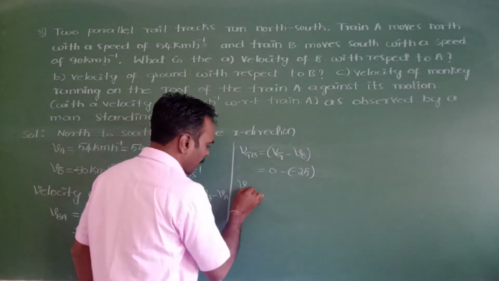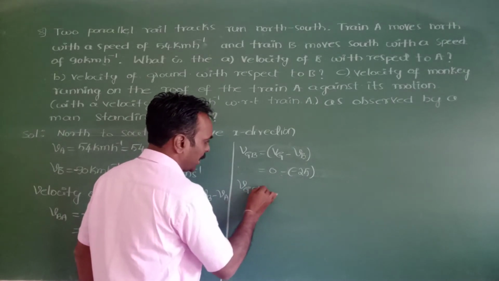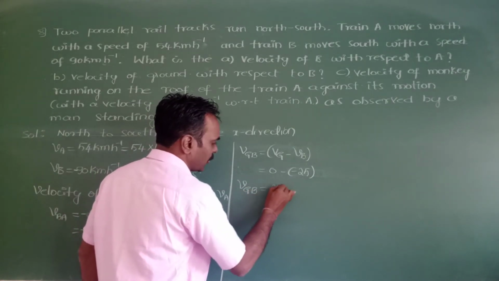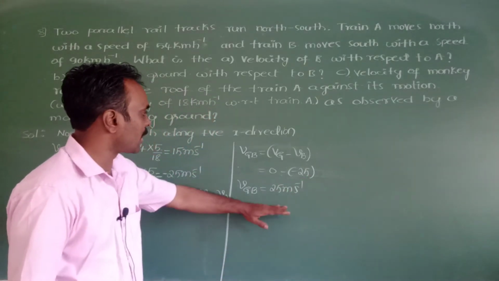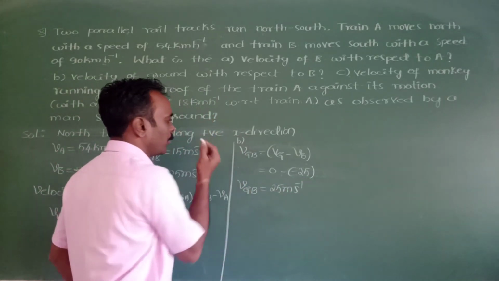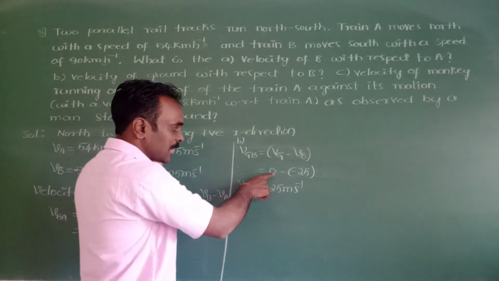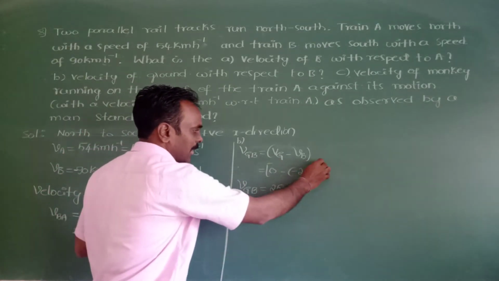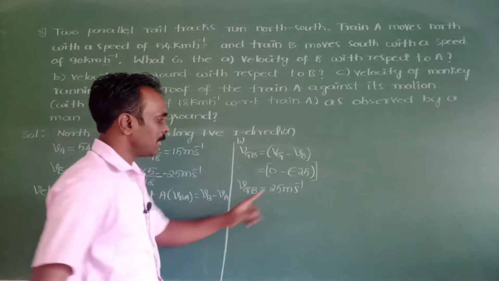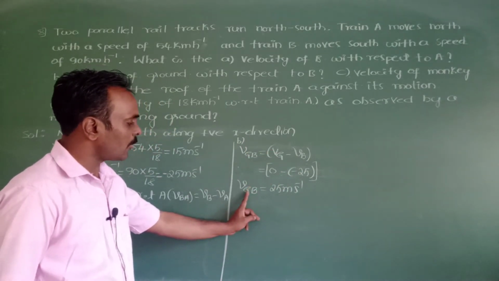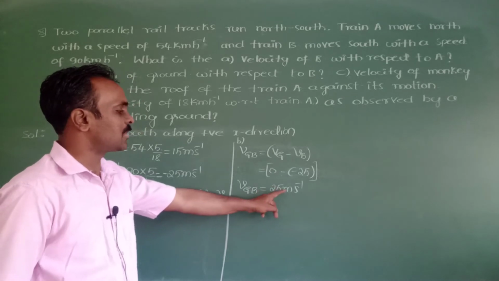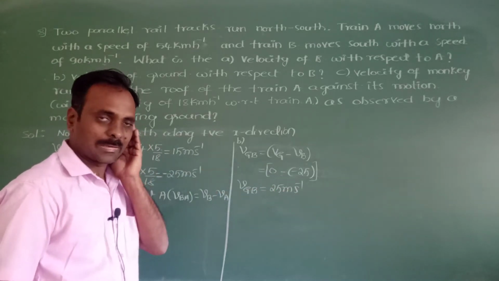So that velocity of ground with respect to B is plus 25 meter per second. So this is the answer for the question. Velocity of ground is equal to 0 and the velocity of B is minus 25, minus into minus is plus, so that velocity of ground with respect to B is plus 25 meter per second.